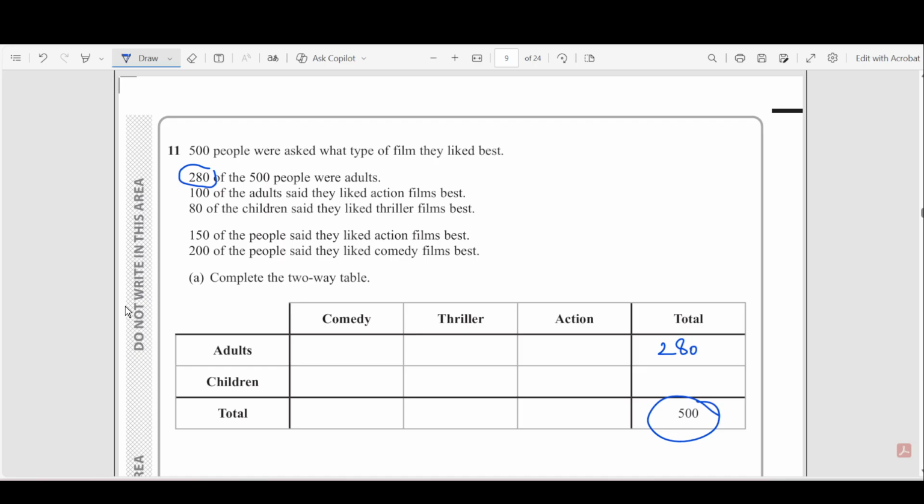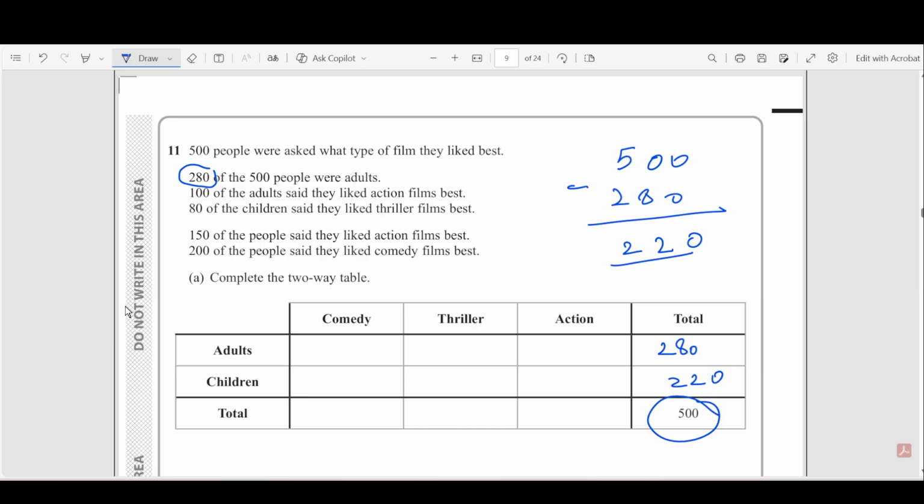Now to calculate total children, what we can do is, total people are 500, 280 are adults, so if we subtract, then the rest would be children. 500 minus 280 gives 220. So the children total is 220. That's how we got the total of children. We are putting it here because this is children and this is total.